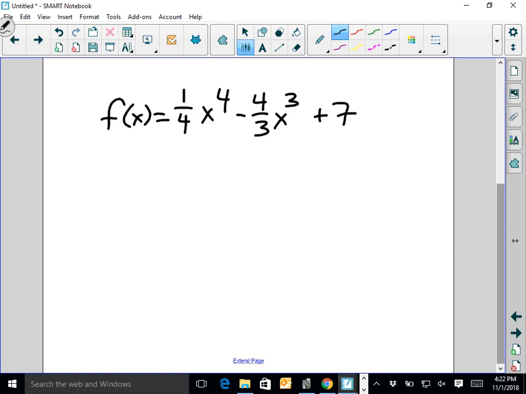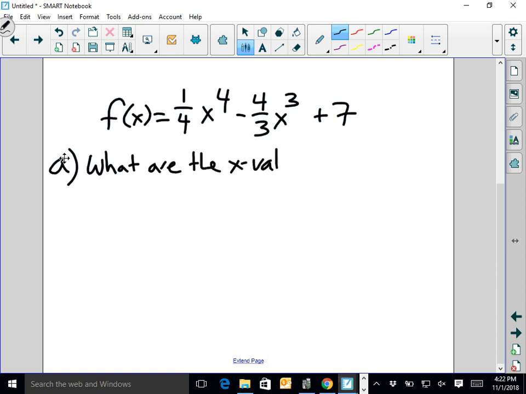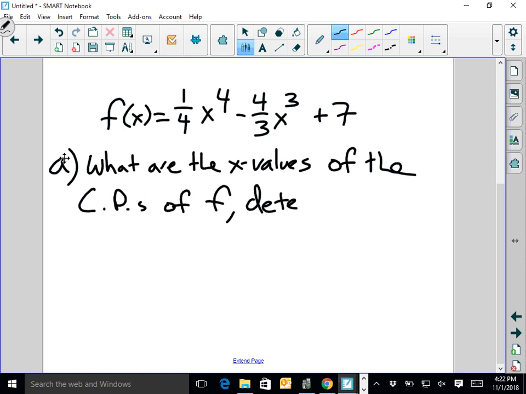Okay? The first question I have for you is, what are the x values of the critical points of f, and then determine local max, local min, or neither.